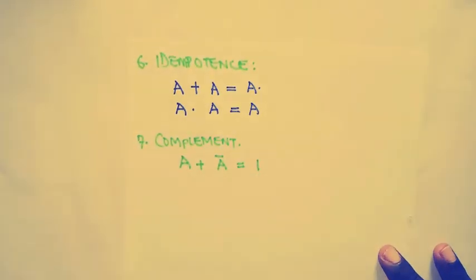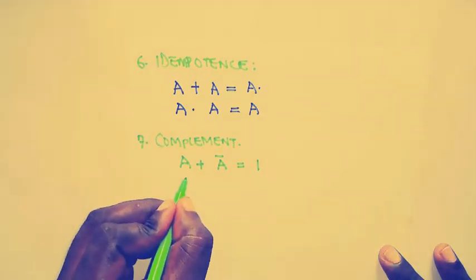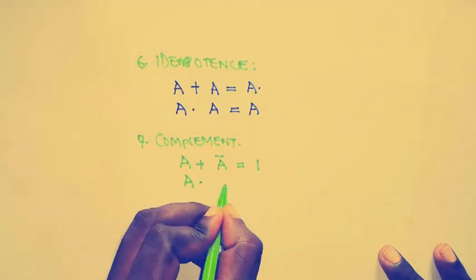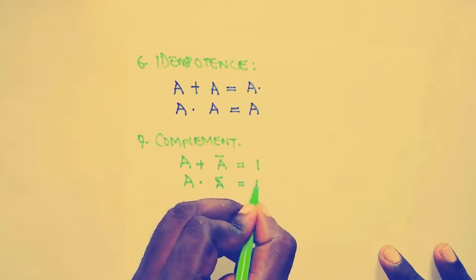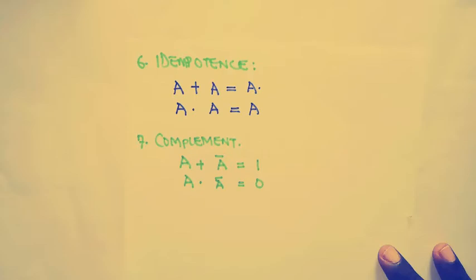And when you have the same element A multiplied by its inverse, that is A bar, it is going to give you 0. And this is known as the complement law.